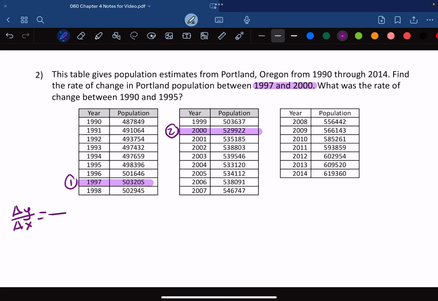So how much does the y change versus how much does the x change? And it looks like the population from 97 to 2000 is going up. So it's being added. You have a number that's from here to here is going up. And to figure out how much is going up, you can just subtract these two numbers.